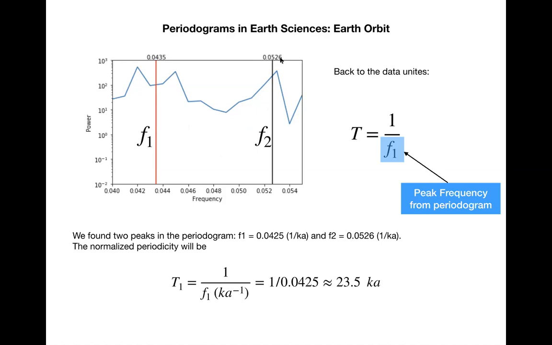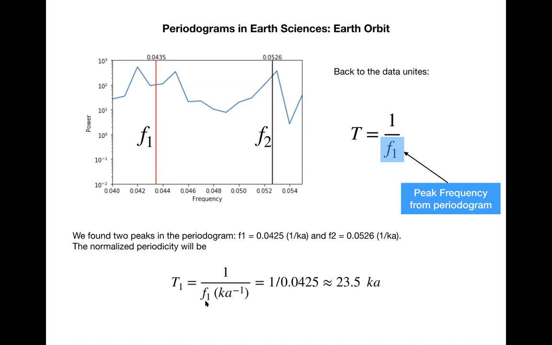Because these are peak frequencies, we can work out the main periodicity in the periodogram as 1 over F1. So you can do this for F1: 1 divided by 0.0425. Remember, my unit for F1 is not hertz, it's Ka, right?